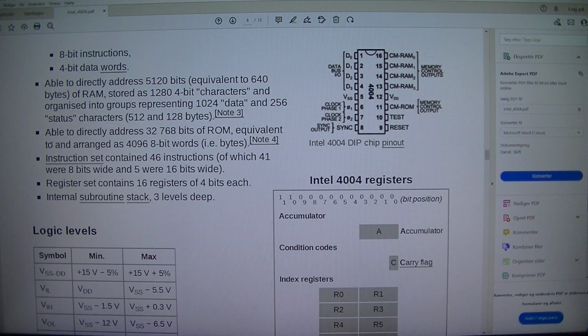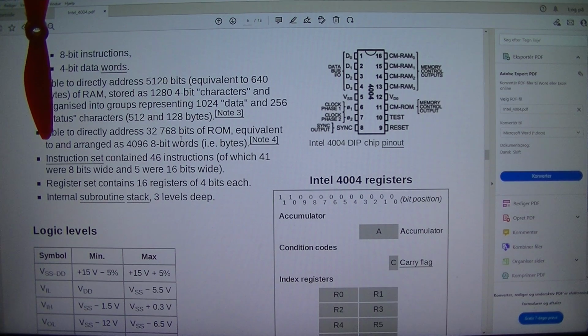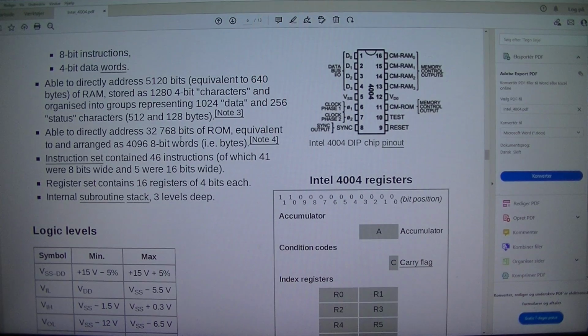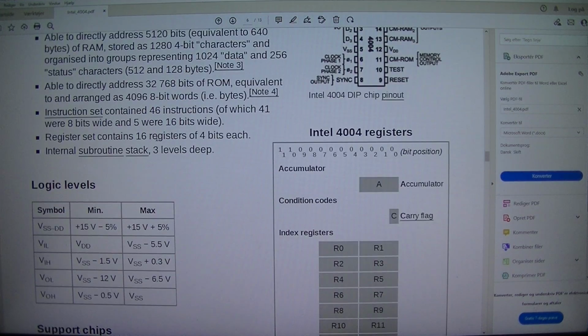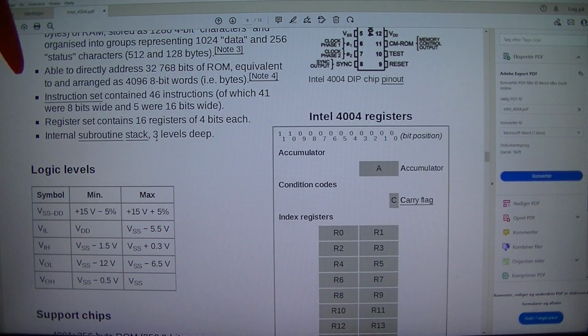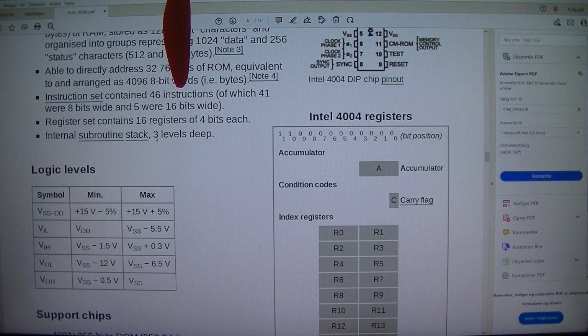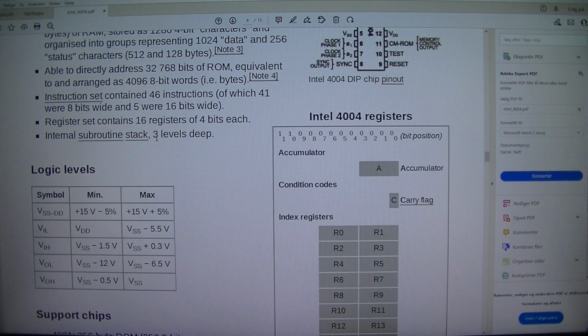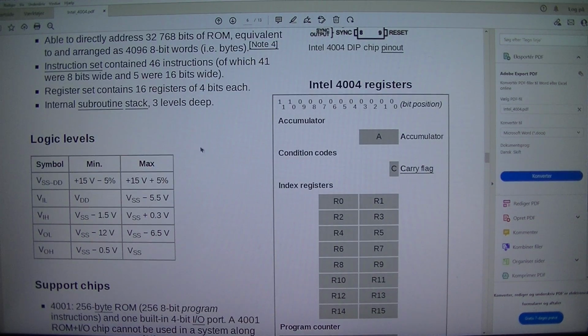Note 3. Able to directly address 32,768 bits of ROM, equivalent to and arranged as 4096 8-bit words, i.e. bytes. Note 4. Instruction set contained 46 instructions, of which 41 were 8 bits wide and 5 were 16 bits wide. Register set contains 16 registers of 4 bits each.